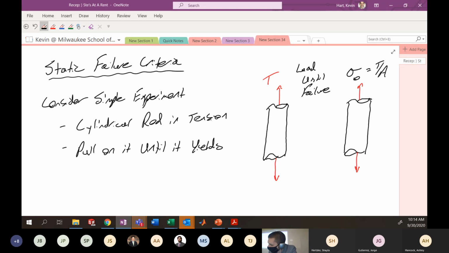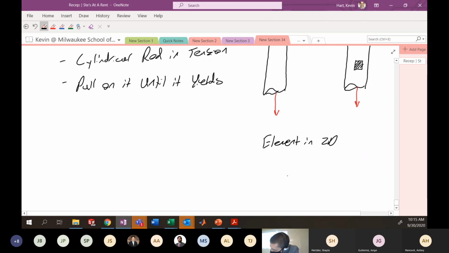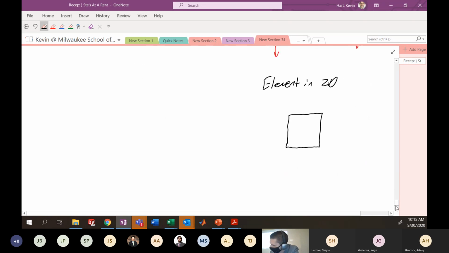If we look at an element at some particular point, we can do this now. We're pros. We got some element there that we're going to blow up. You could even do it in 3D if you like. So right at failure, you more or less have this particular state. No shear stress, no stress in what would be the x direction.